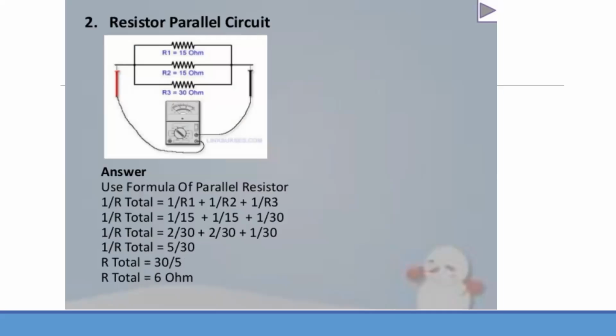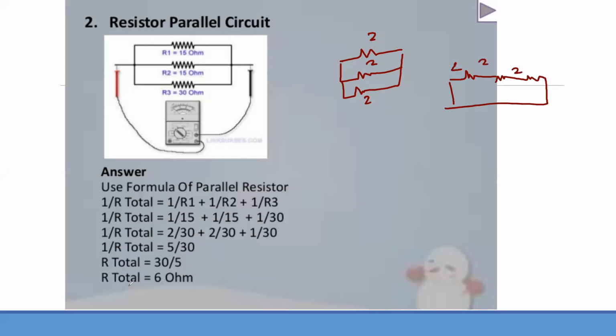Series. So why? Because if you have them like this, and you have to find the R total here, we have to say 1 over R total is 1 over 2 plus 1 over 2 plus 1 over 2.